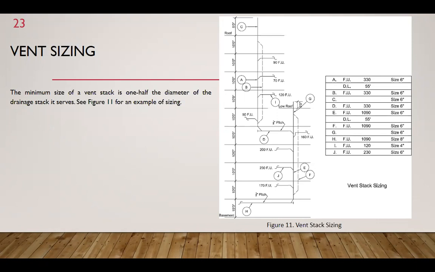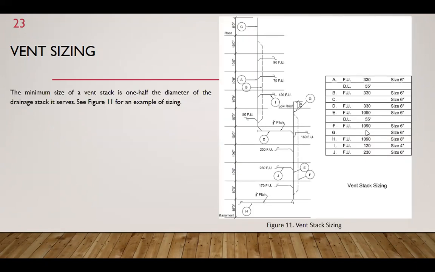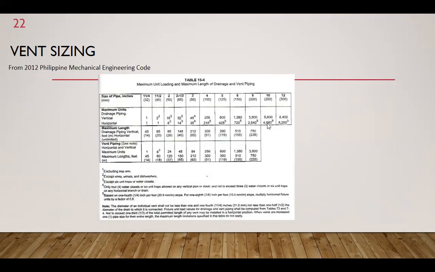Yung sa table, mataas. Then, F, yung bench stack mo is based on 1090. So, parehas siya, di ba? So, this is 6 inches pa rin. Now, H is the horizontal. Ang 1090, horizontal, ito. So, dito hindi na 6 inches yun.